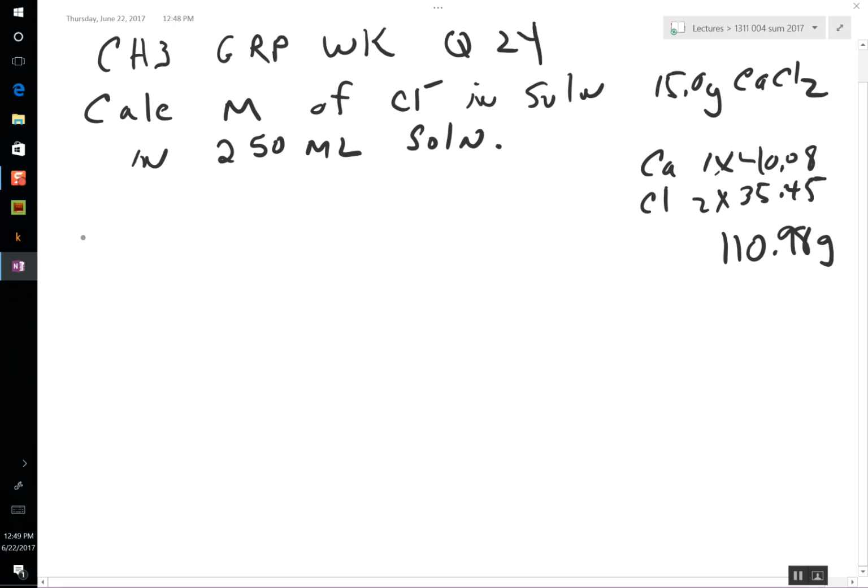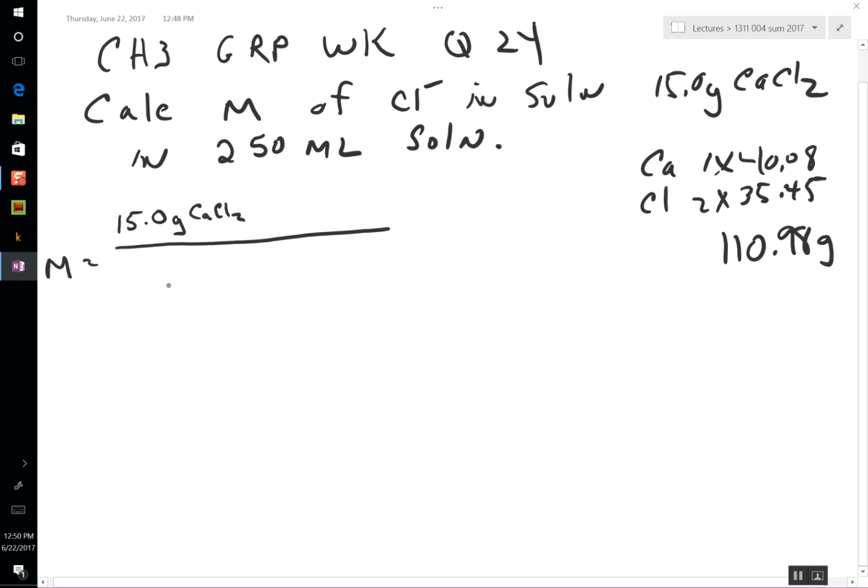So why do we need that? So calculate the molarity. Well, let's figure out what the molarity of our calcium chloride is first. We've got 15.0 grams of calcium chloride.